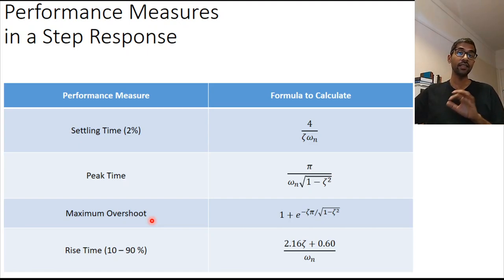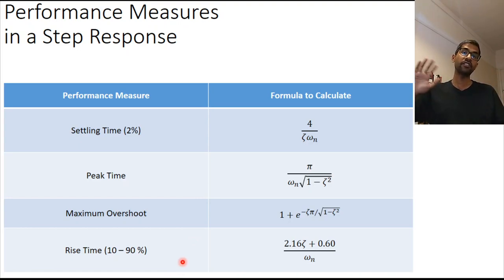But what is the problem associated with it? The problem associated with it is that if you reduce your maximum overshoot, your peak time is going to go up. And your settling time is going to go, actually, your settling time becomes less, but your rise time increases.